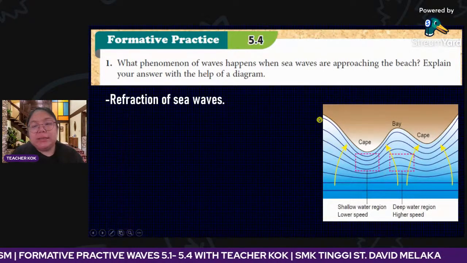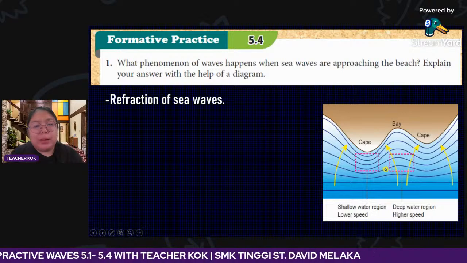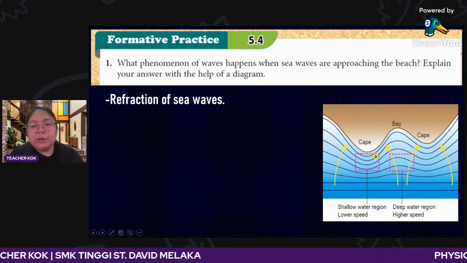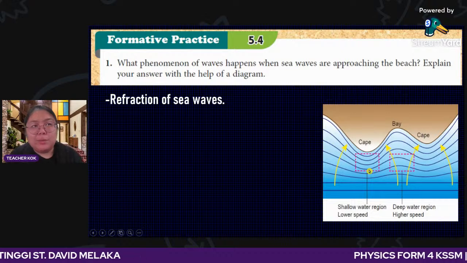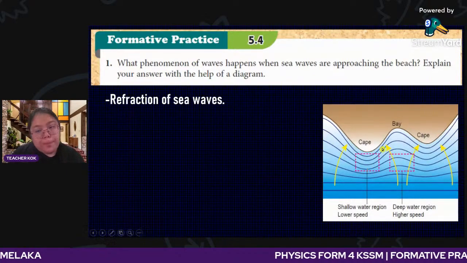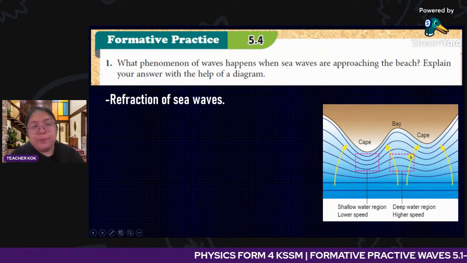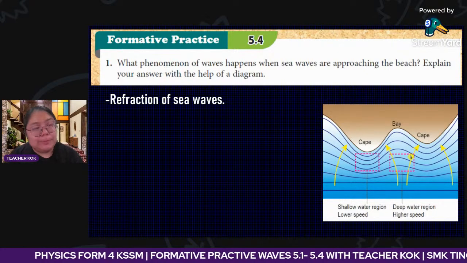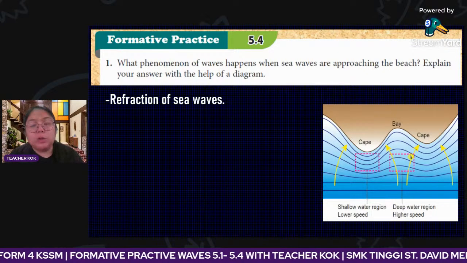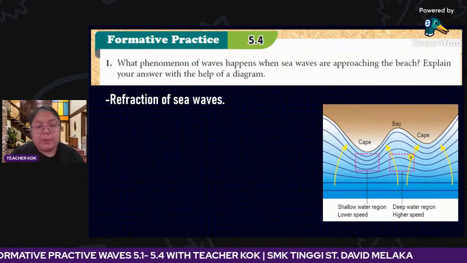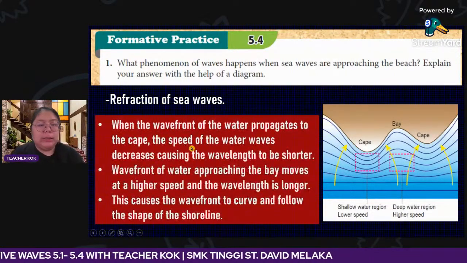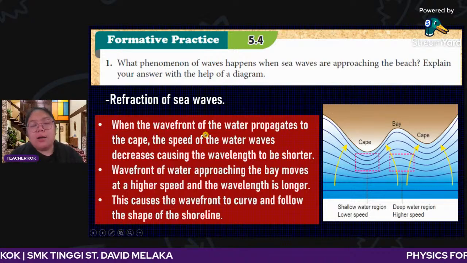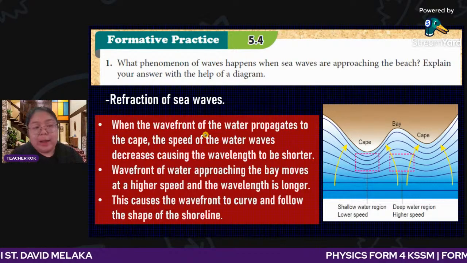So when it is near the beach, we separate it into 2 parts, the gap and the bay. When near the gap, can you see the wavelength becomes smaller? Compared to the bay, the wavelength is a bit bigger. So from here, we need to explain the relationship between the depth and the wavelength.